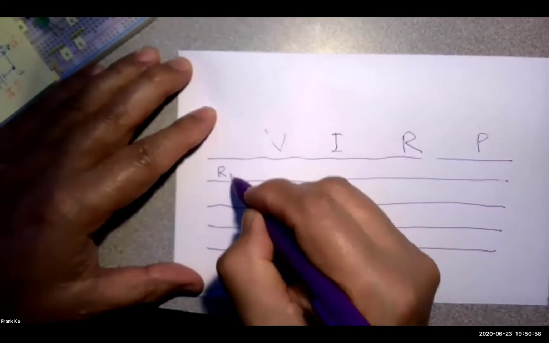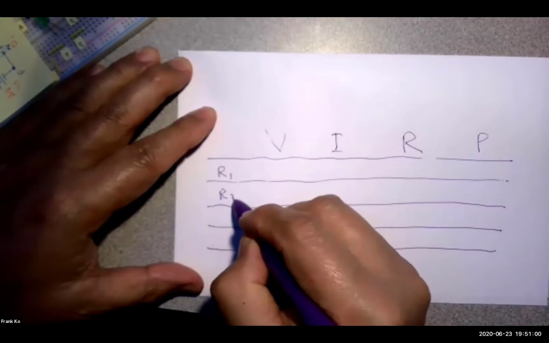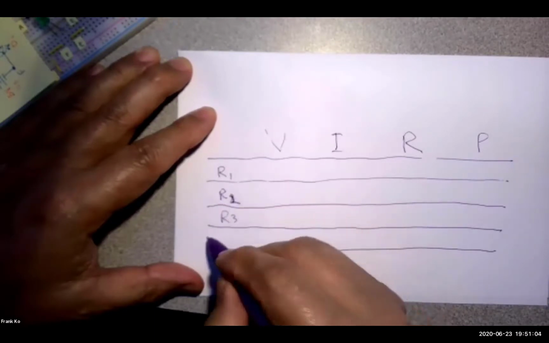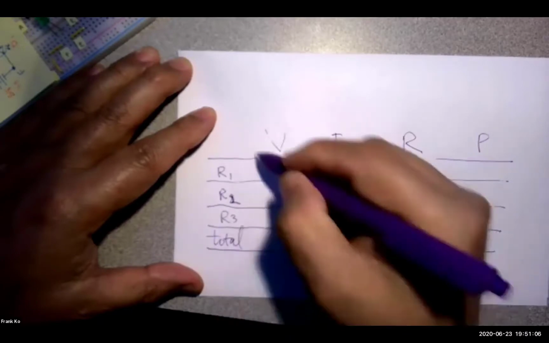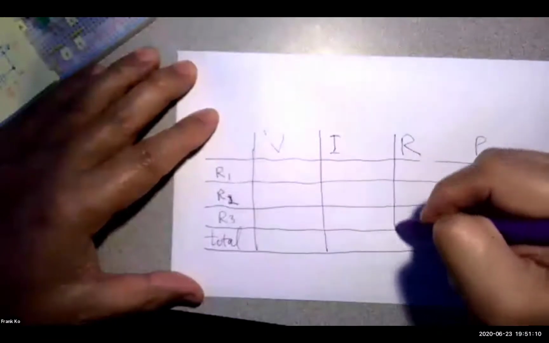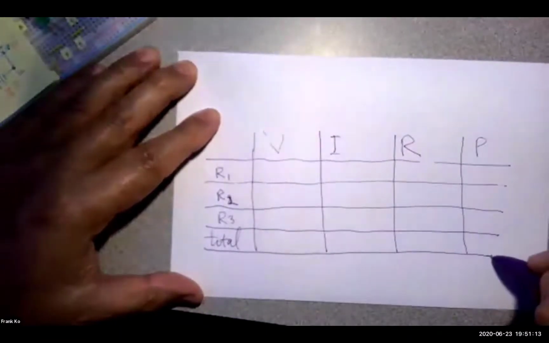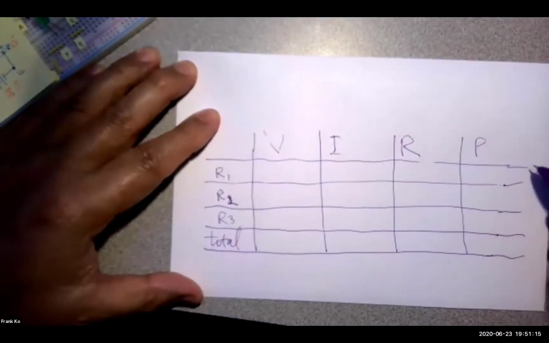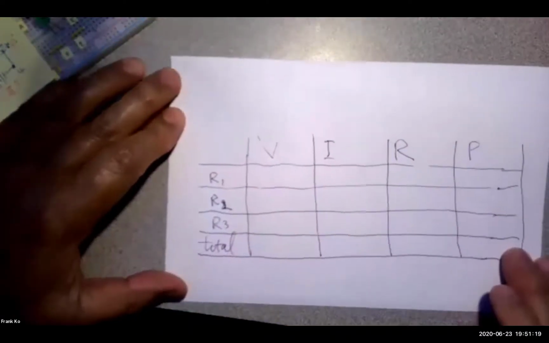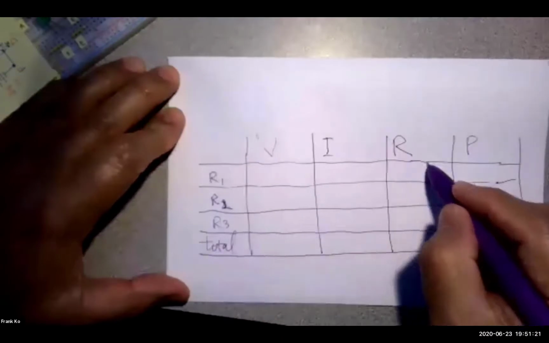We have the first resistor, the second resistor, R3, and total. Create that with enough space that you can write in some numbers.